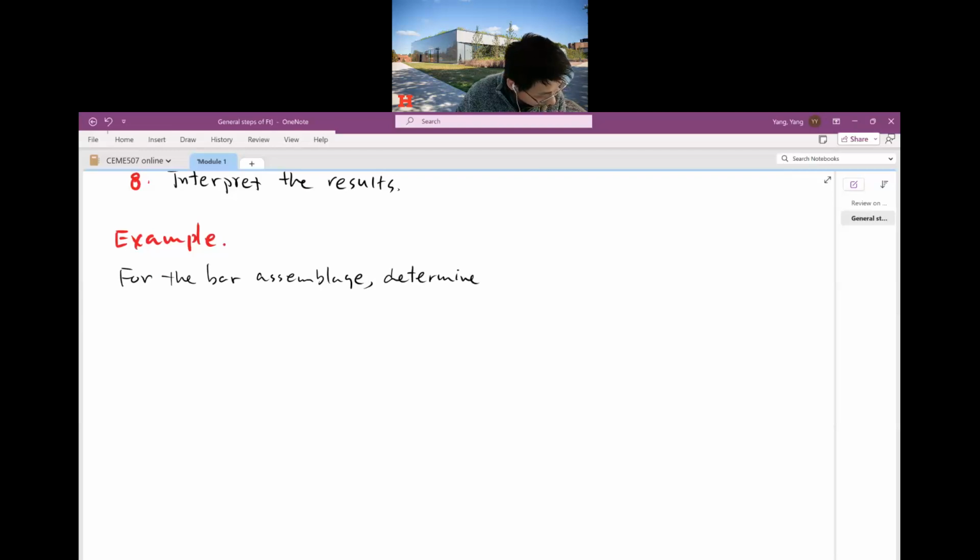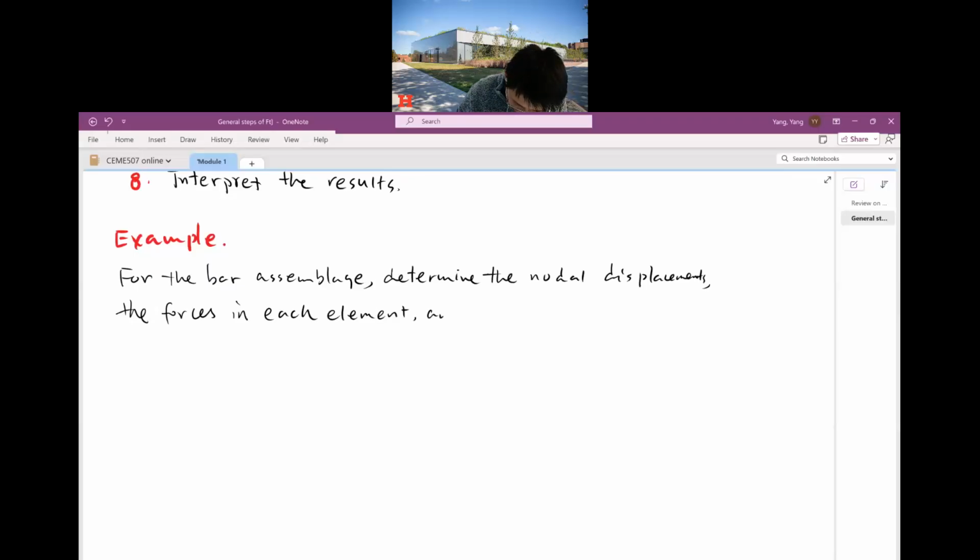We are required to determine the nodal displacements, the forces in each element, and the reactions using the finite element method.